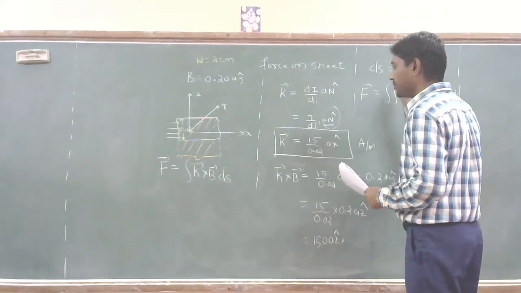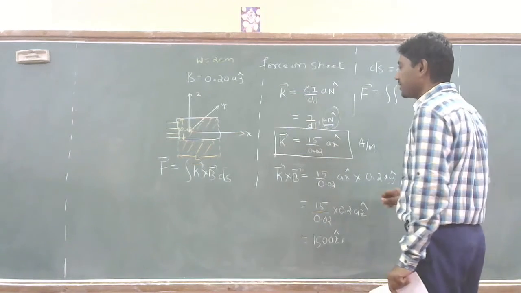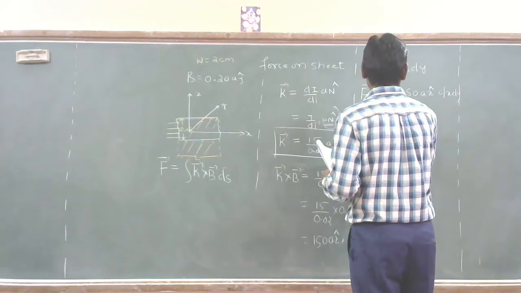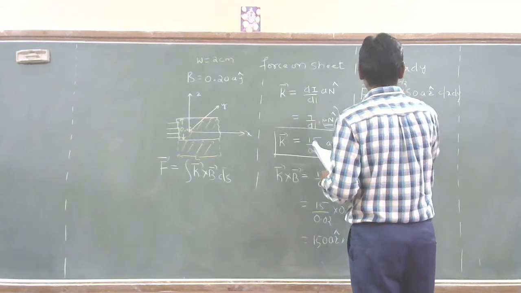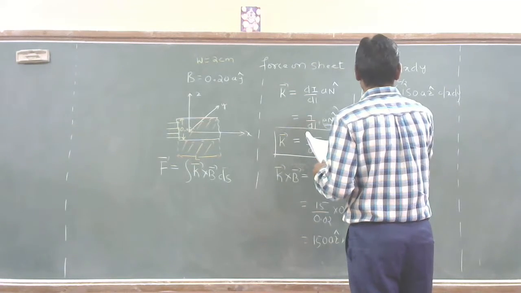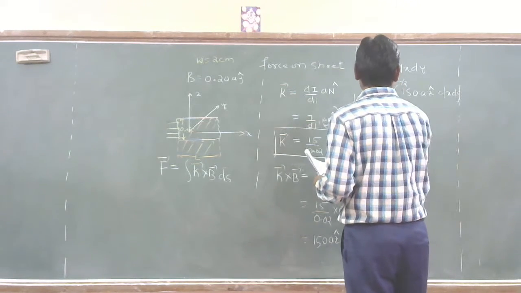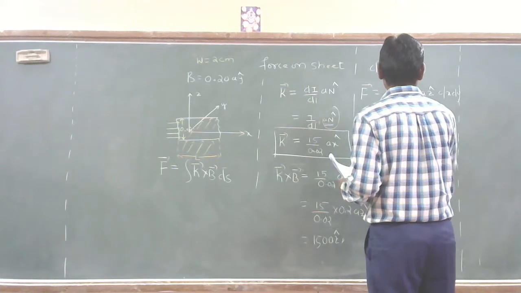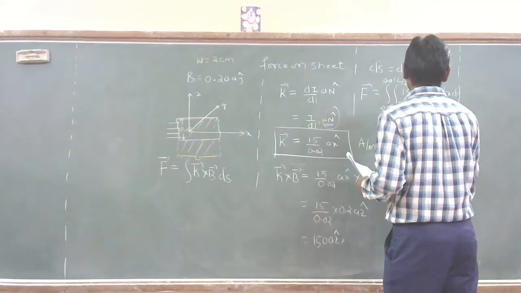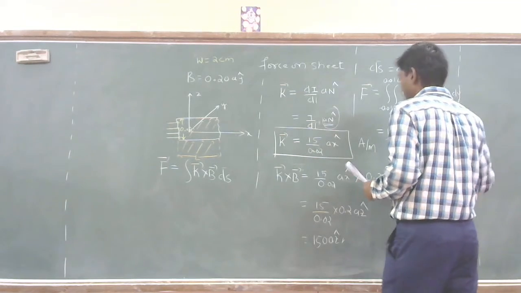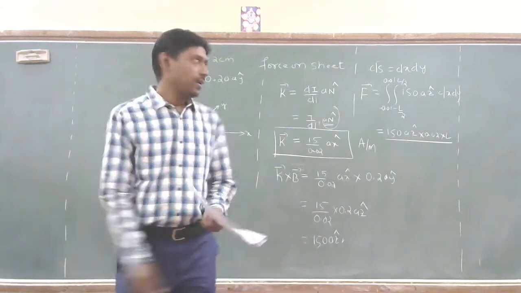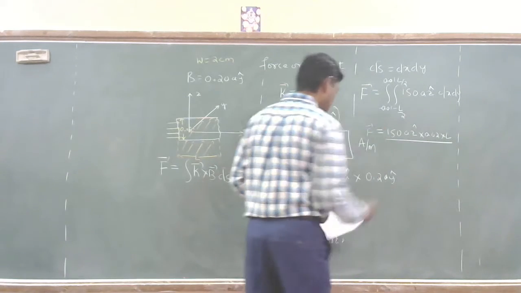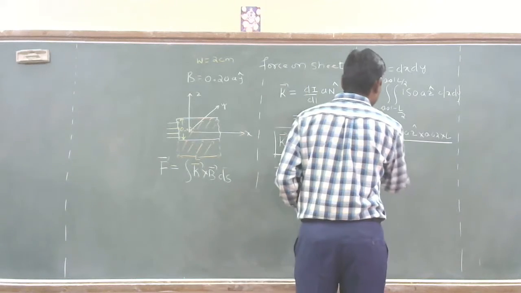And now we should know what the limits of the integration are. I could take it as minus L by 2 to plus L by 2 and minus 0.01 to 0.01. Simply, it is 150 Az hat into 0.02 into L. So that will be the force, and we need the force per unit length.